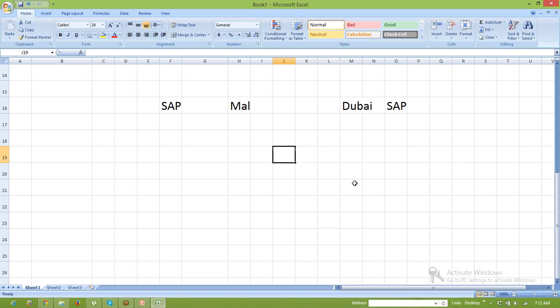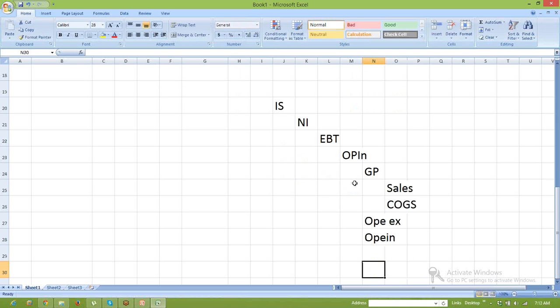Say for example, in the income statement, if you take the HFM hierarchy structure, you may be maintaining a hierarchy like net income, EBT, operating income, gross profit, sales, cost of goods sold, operating expense, operating income. I am just taking a simple scenario of how we get the trial balance data.